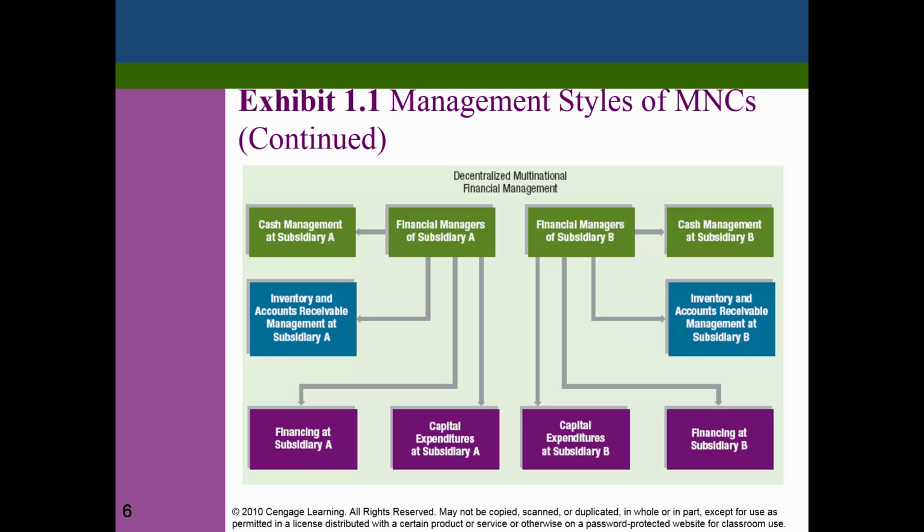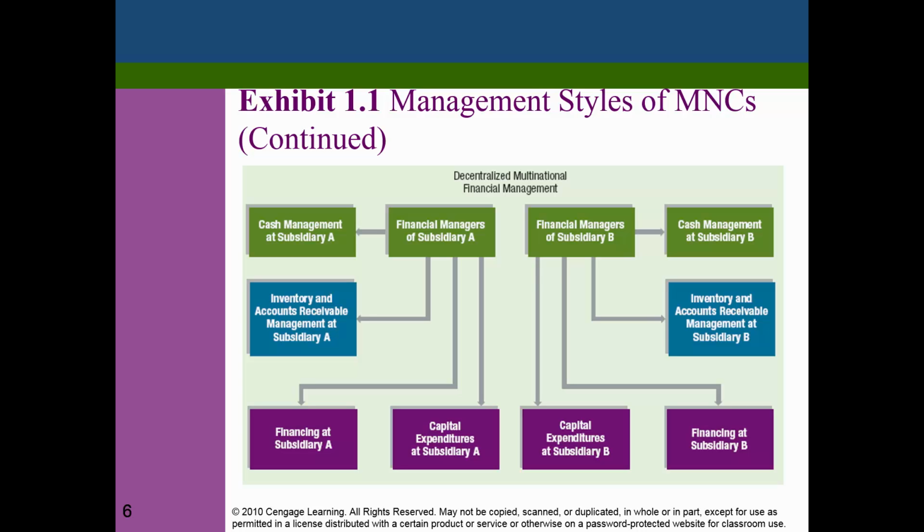Now if you go to the other side, we have a very decentralized company. In this case of a decentralized company, what we see is that the three main functions we talked about, the cash management, the inventory and accounts receivable management, and the capital expenditures management, all of the main decisions here have been conducted by the subsidiary itself.